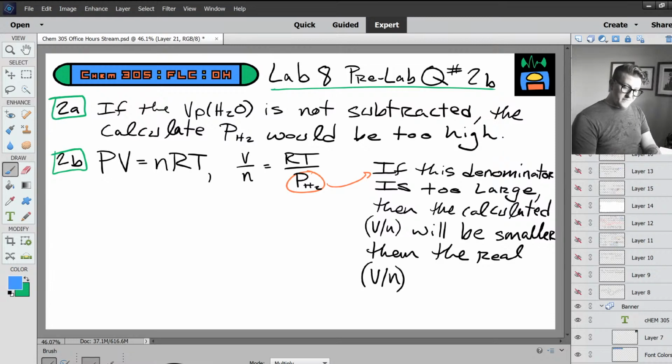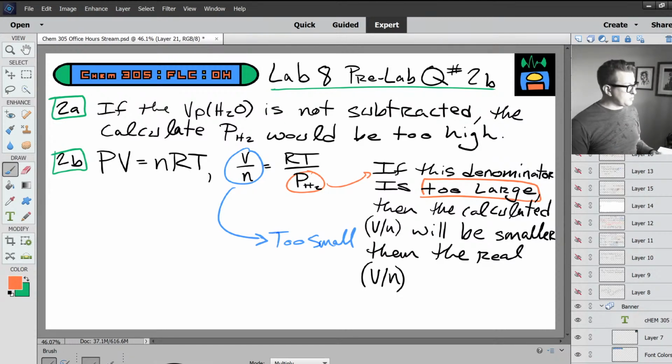All right. If this denominator is too big, this will be too small, or smaller than the actual. If that denominator is too large, that means your calculated molar value will be smaller than the real one.